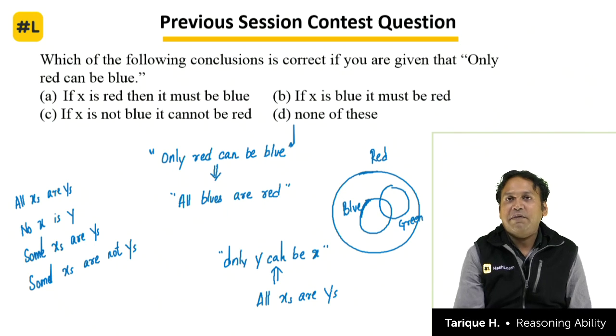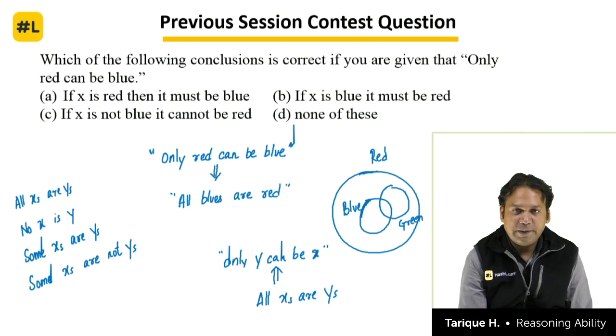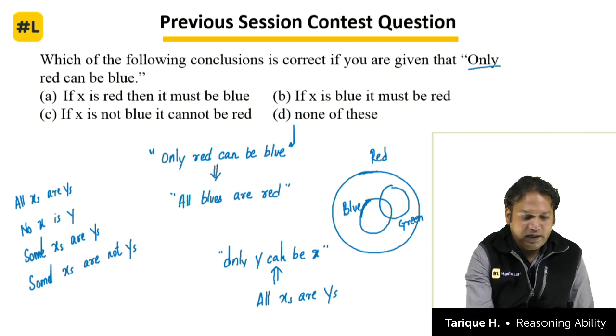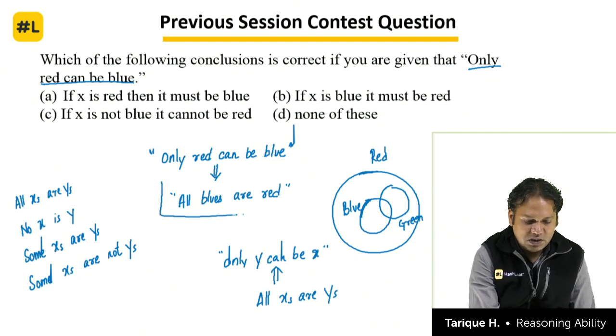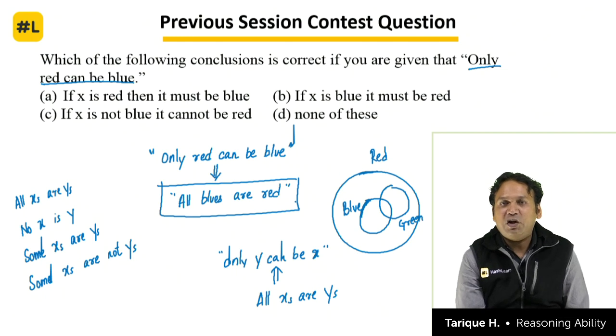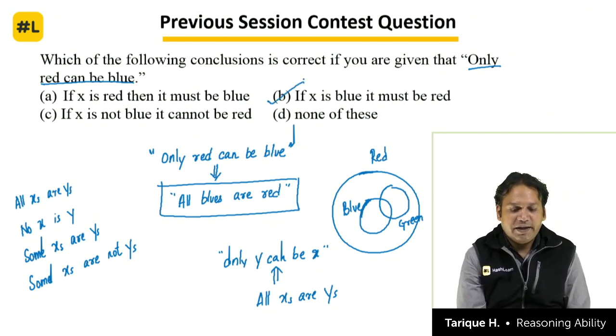So once we know this, the moment we see the statement "only red can be blue", we immediately understand the meaning: all blues are red. If all blues are red, then if x is blue, it must be red, and that is why the answer for this question is B.